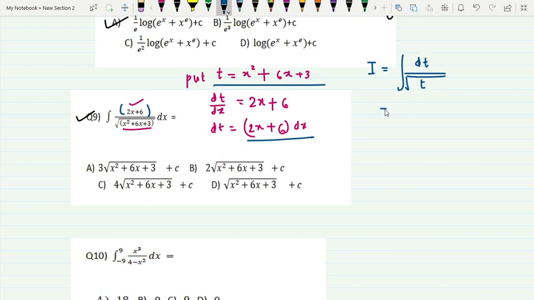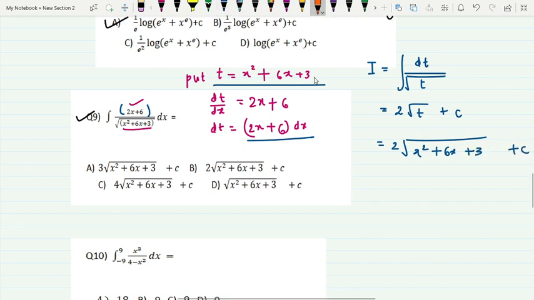Integral dt upon root t is 2 root t plus c, which is 2 root of what is our t? t is x square plus 6x plus 3, plus c. Yes, done. Then what is the option here? 2 times root of x square plus 6x plus 3. So here it is option B.